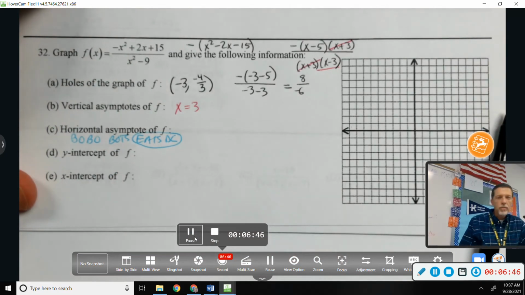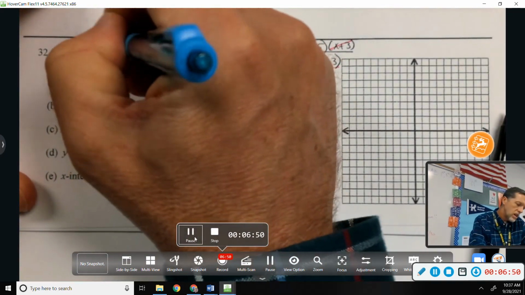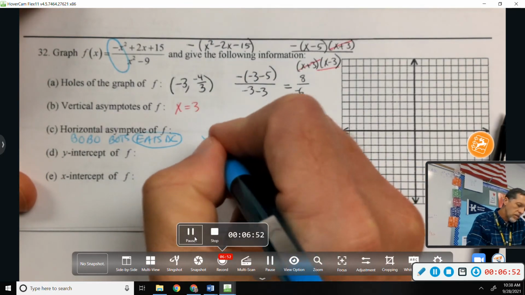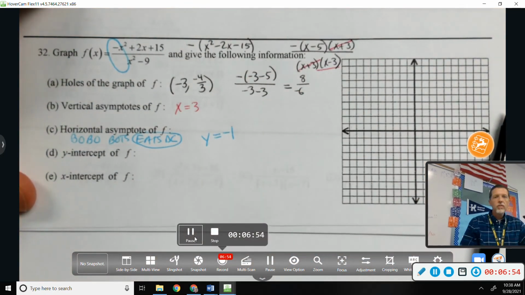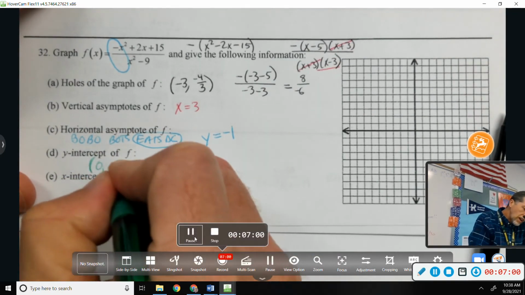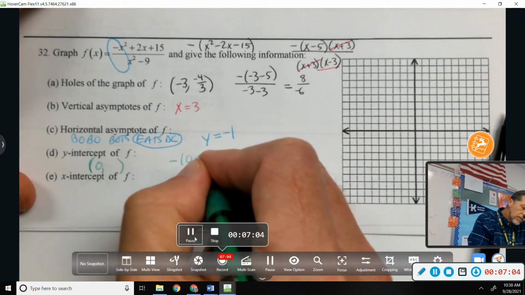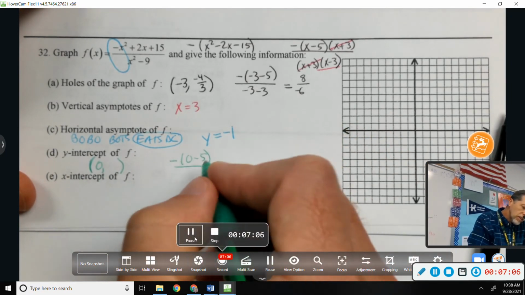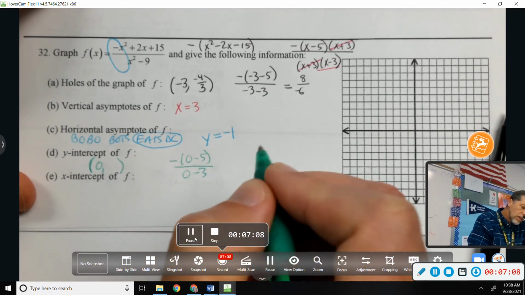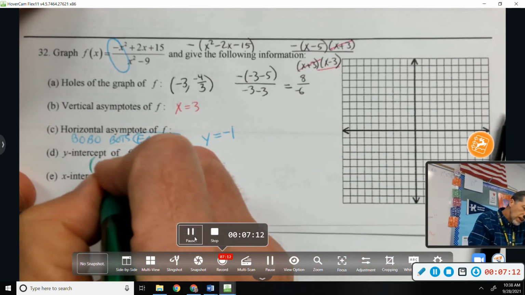And so what happens when we DC? Divide the coefficients, we get -1. Y-intercept, we set x equal to 0. So -0 minus 5 over 0 minus 3. -5/3.